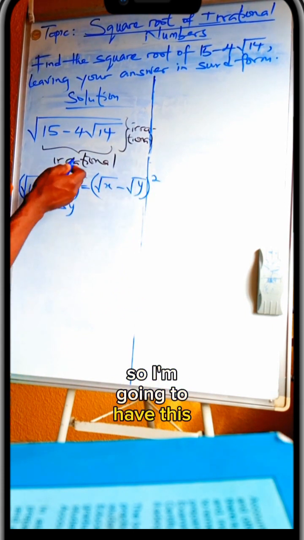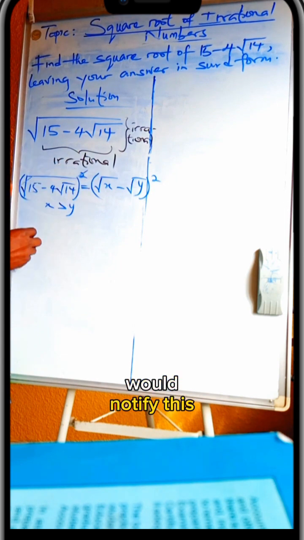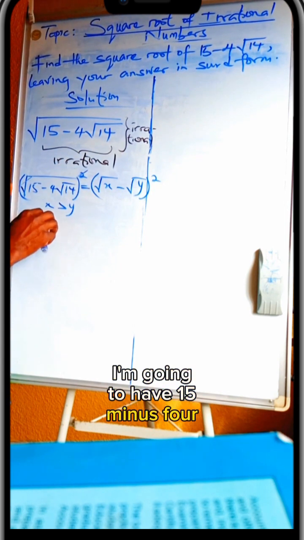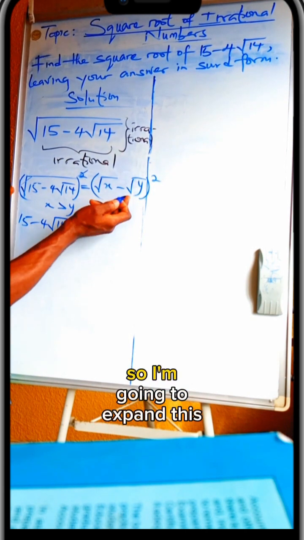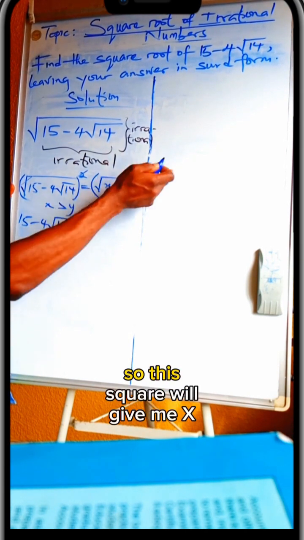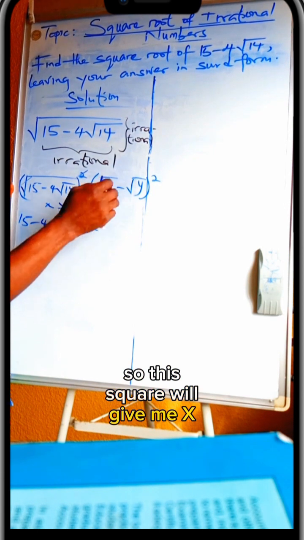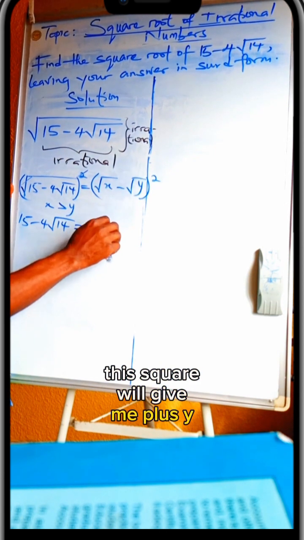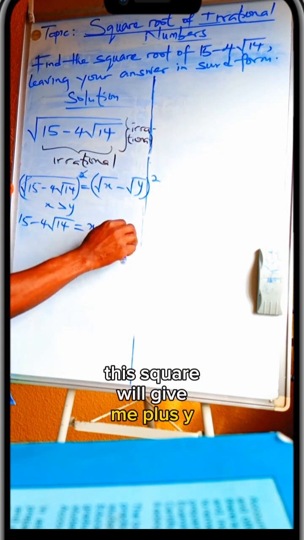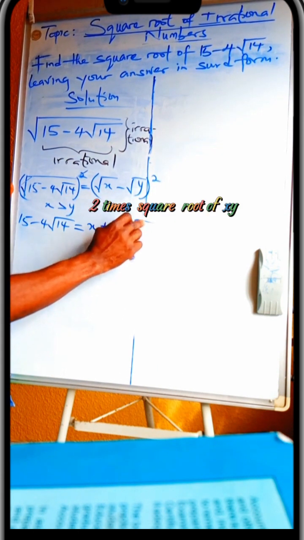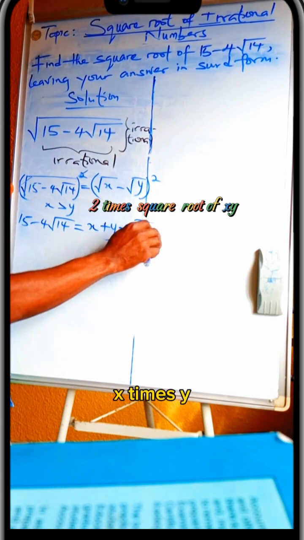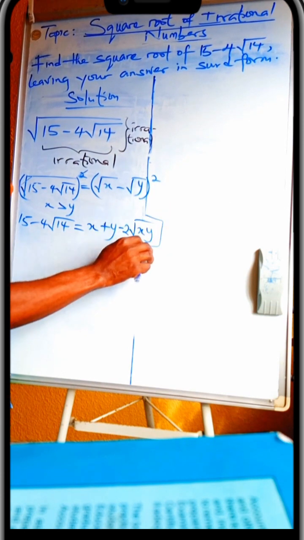So when I square both sides, this will nullify this, so I'm going to have 15 minus 4 root 14 equal to, so I'm going to expand this. This square will give me x, this square will give me plus y, minus, so this will be 2 into brackets x times y.